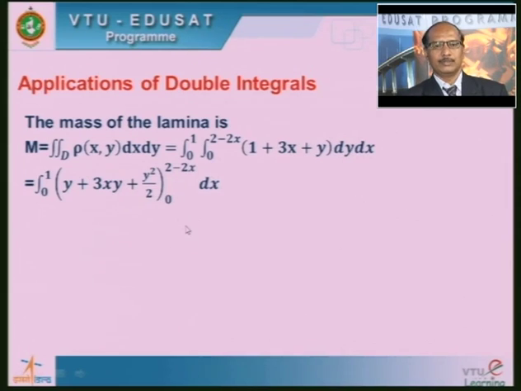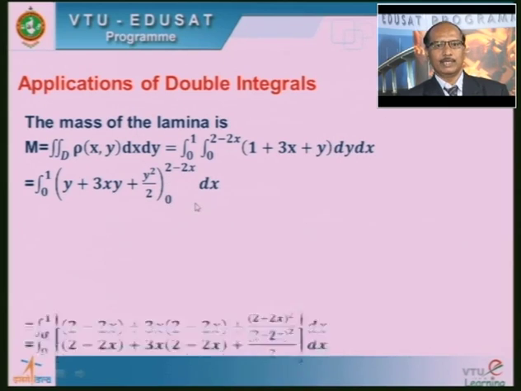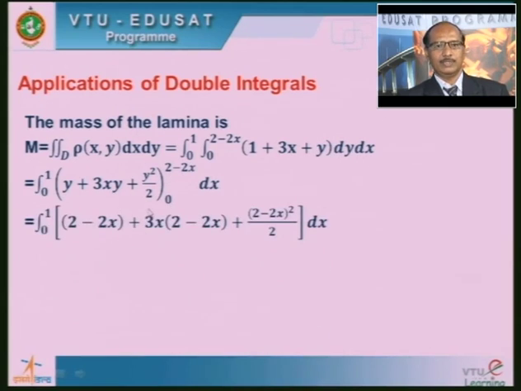Now, substitute the limits y equal to 0 and y equal to 2 minus 2x. By substituting that, y is equal to the upper limit 2 minus 2x. The lower limit is 0, that is neglected here. So, we get 2 minus 2x, that is the upper limit, plus the second term, 3x as it is.